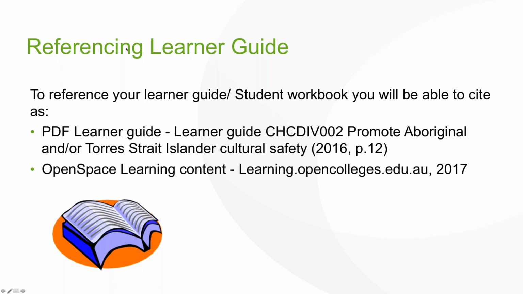For example, use the title of the book, which might be CHC DIV 002, Promote Aboriginal and Torres Strait Islanders Cultural Safety. Have a look on the front, the second page, where we have the copyright information. It might say something like, this text was published in 2016, and what page within the book you're actually using.